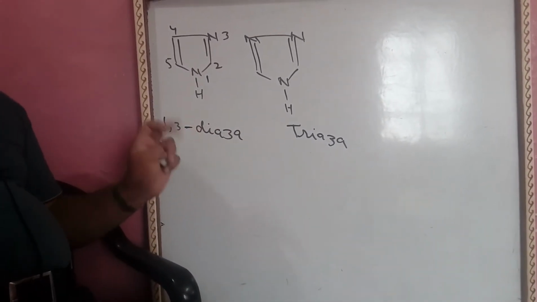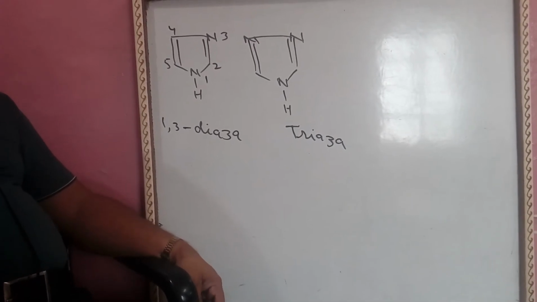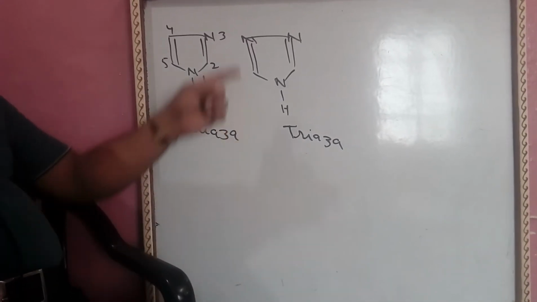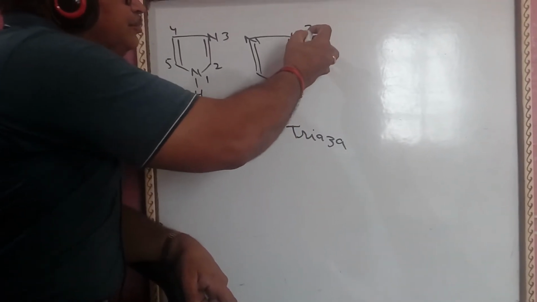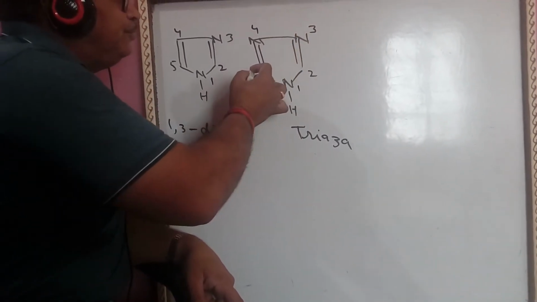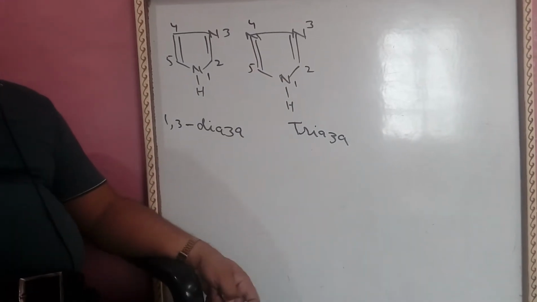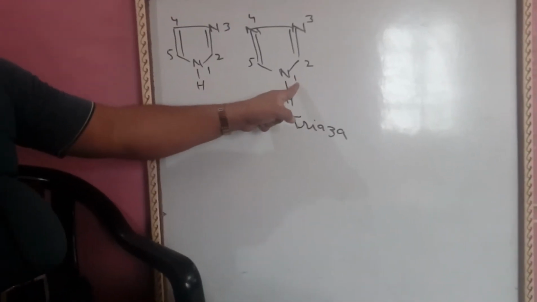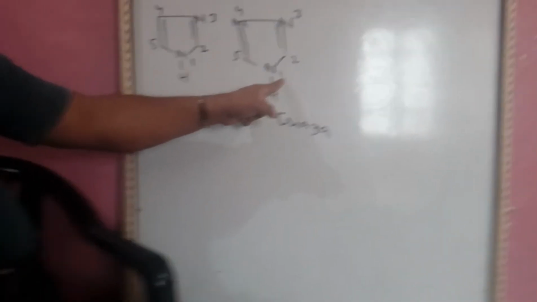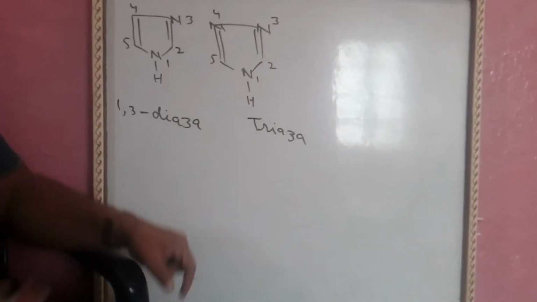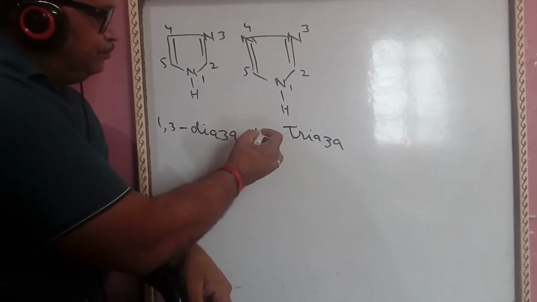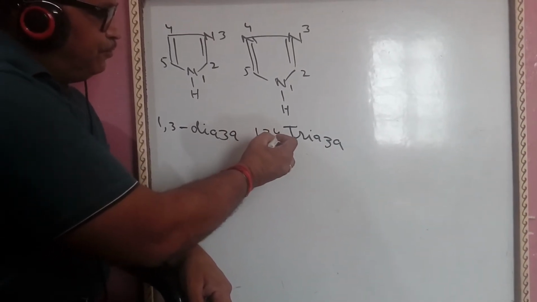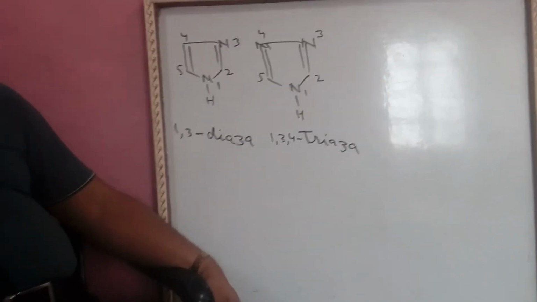So the overall prefix for this compound will be 1,3-diaza. Similarly for this compound 1, 2, 3, 4, 5. So in this case heteroatoms are present at the position number 1, 3 and 4. So the prefix for this example is 1,3,4-triaza.